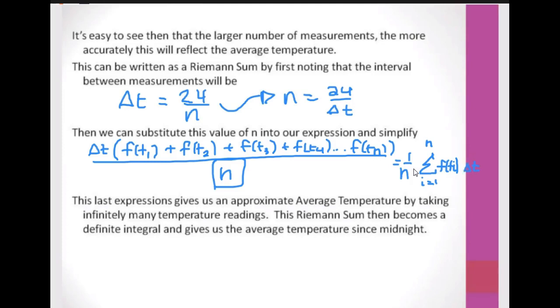So it's 1 over n times f of t sub i times delta t. This part right here represents the Riemann sum, and the 1 over n is going to give you that average.